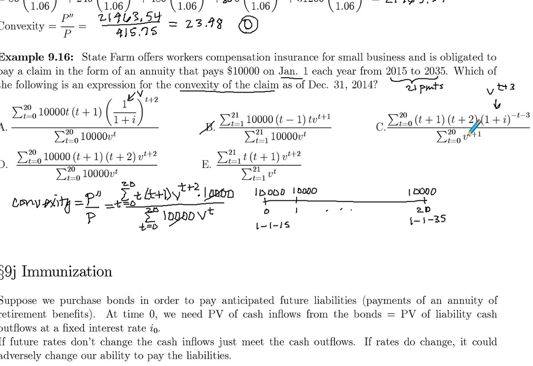And then on the bottom we're going to have a 10,000 times v to the first power. So you got a v cubed on the top and a v on the bottom. Even if we multiply top and bottom by 10,000 to put those in there, that first cash flow down here is getting discounted with a v to the first power, and that doesn't happen here. So this guy's out.